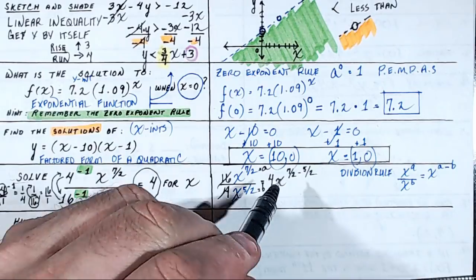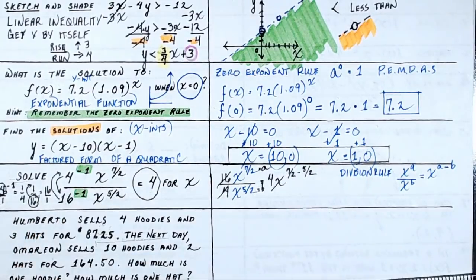Okay, so what is 7 over 2 minus 5 over 2? Well, they have a common denominator, so you can just subtract the numerators. 7 over 2 minus 5 over 2 is the same as saying 7 minus 5 over 2. And 7 minus 5 is 2. So it's 2 over 2.